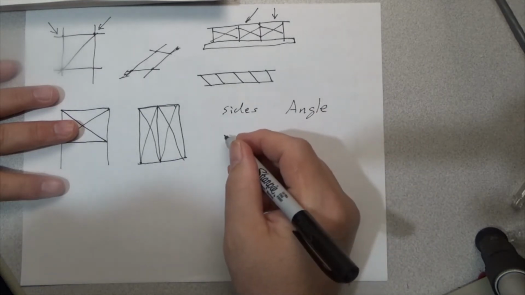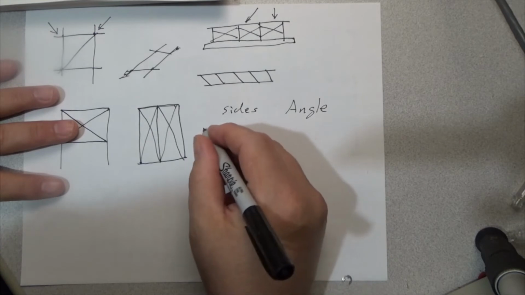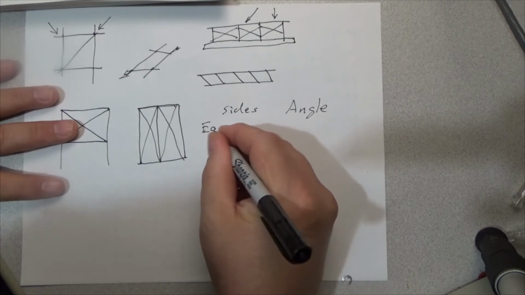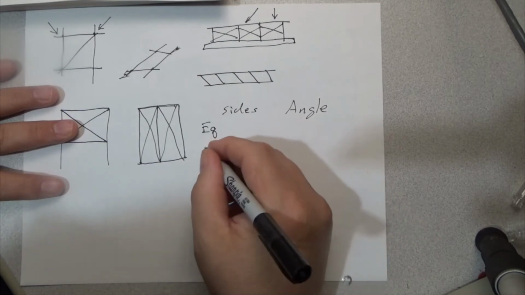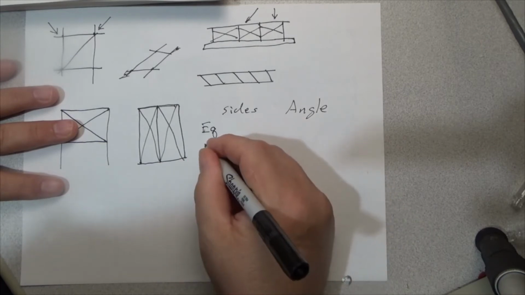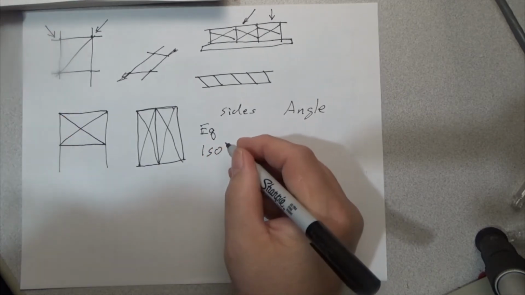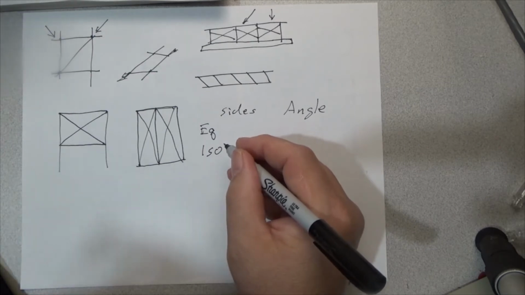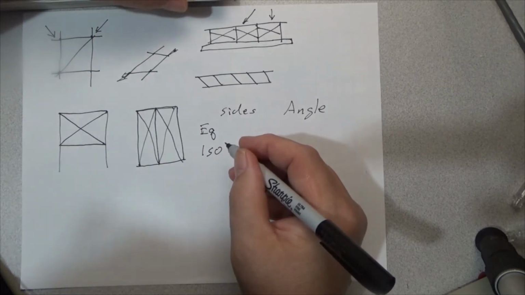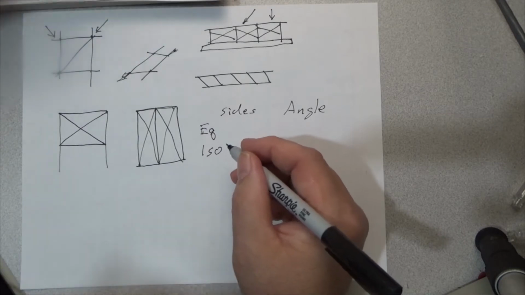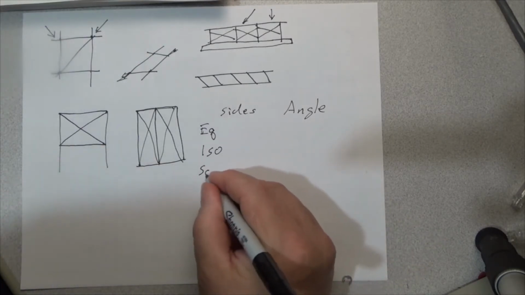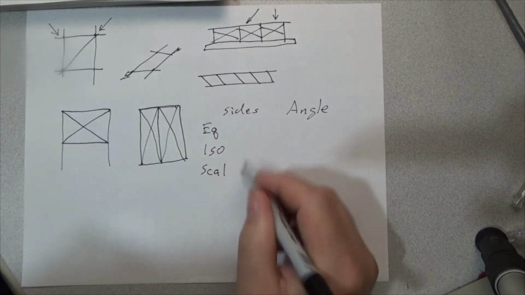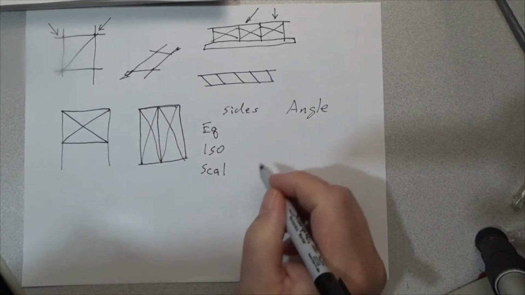Okay, so we have an equilateral triangle. We have an isosceles triangle. And we have a scalene triangle. These are all ways that we can name a triangle by its sides.